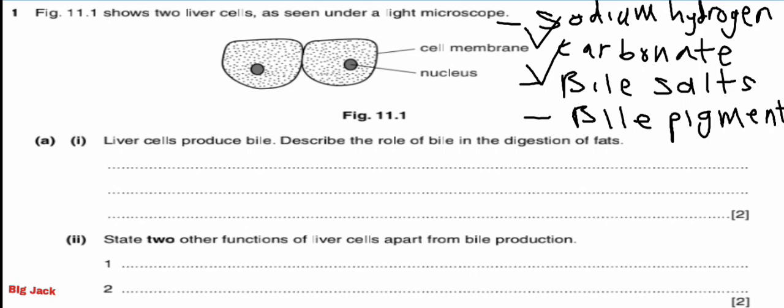So once you are having excess blood sugar in your body, the pancreas is going to secrete insulin. Now that insulin is going to convert the excess blood sugar into glycogen, and that glycogen is going to be stored in what? In the liver cells. So we can say conversion of excess blood sugar into glycogen.